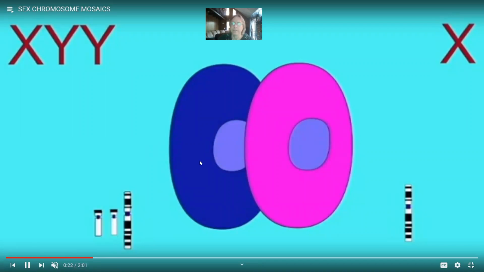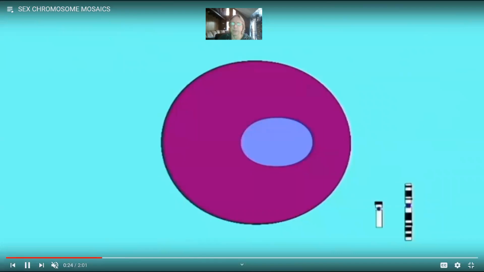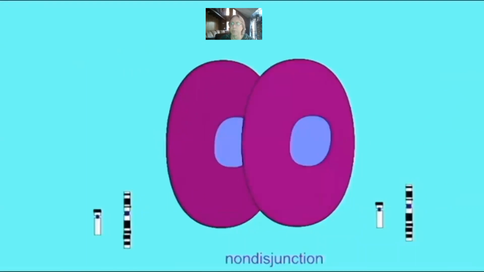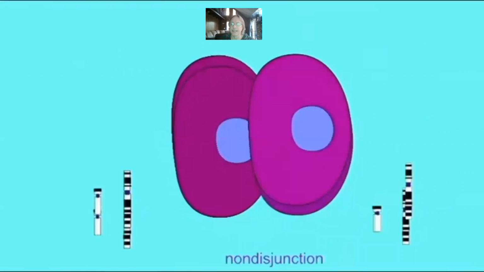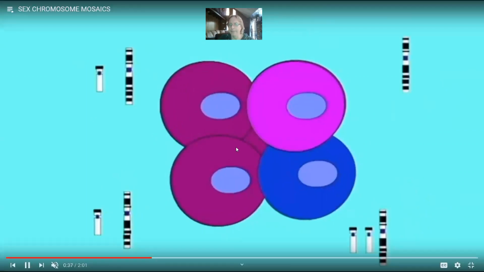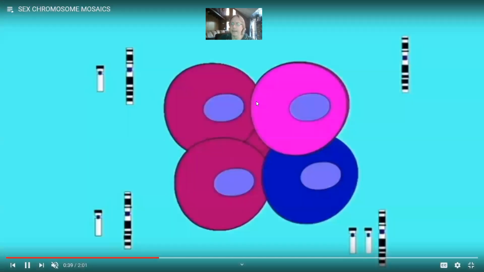As a result, this individual is what we refer to as a mosaic. Now here, this affected the first cell division, but it wouldn't have to just affect the first cell division. So here, let's say the first cell division occurred normally, and there was a non-disjunction in the second cell division, in which case now half the cells are normal, but a quarter of the cells have too many chromosomes, a quarter of the cells have too few chromosomes.